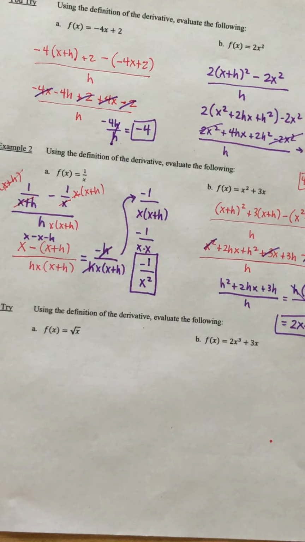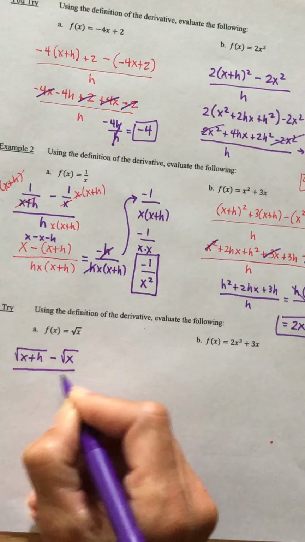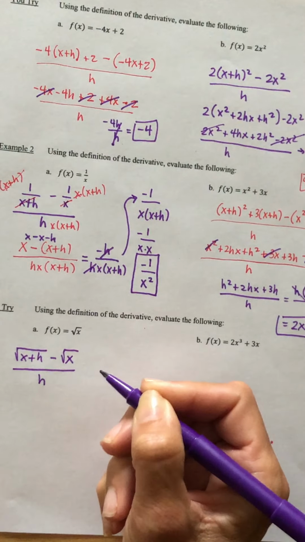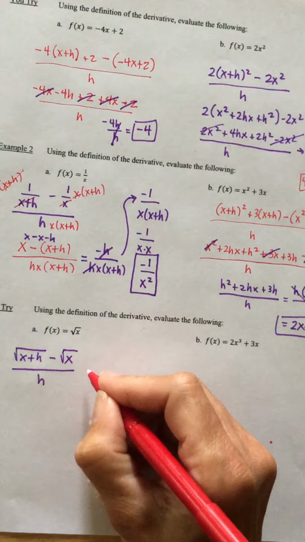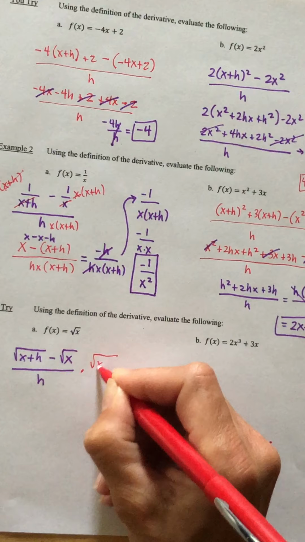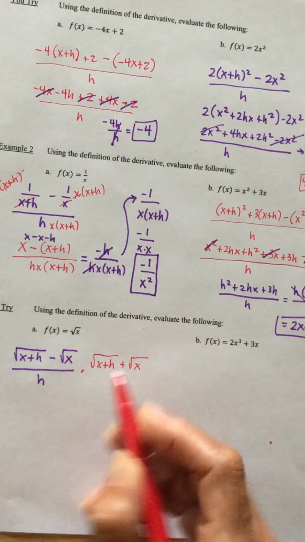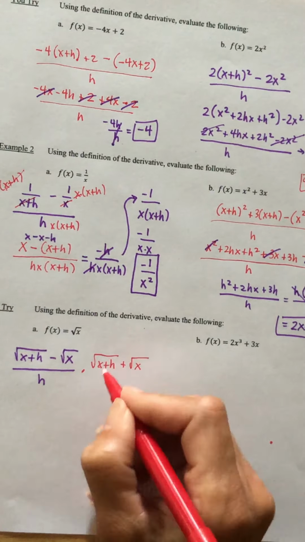I'm going to plug in an x plus h minus my original all over h. Now, if you guys remember from our last lesson, we rationalized the numerator. We're going to go with that right now, just to try to make sense of stuff algebraically. And remember, we can do that as long as we do it on the top.